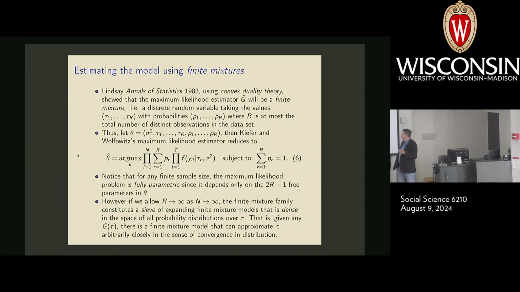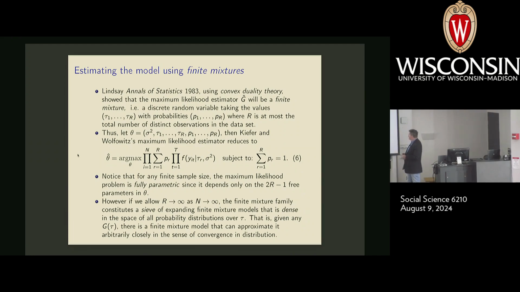The maximum likelihood, using something called convex duality, will always give a G that is a finite mixture with the number of mixture points no higher than the number of observations in your data set. So you can always find a finite mixture that is literally the maximum likelihood estimator. So there's no loss of generality in restricting to finite mixtures because of Lindsay's result.